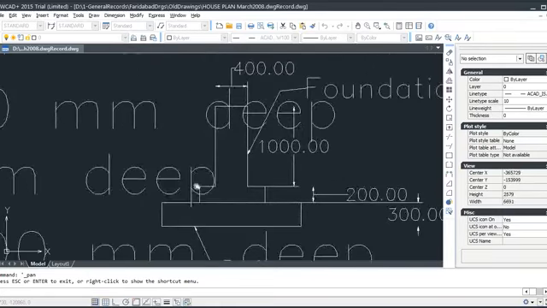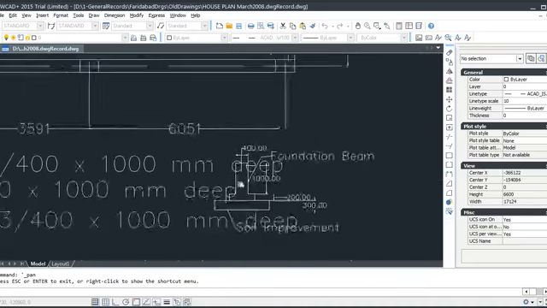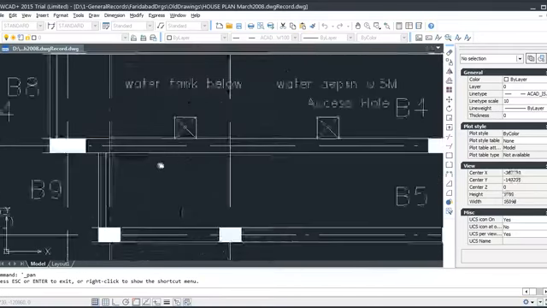If I blow this up, you can see this portion is beam and this portion is soil improvement. We removed soil from here and put granular material here, 40 mm material, and filled with 20 mm, and then dust in that and compacted. And this is the RCC foundation, which is spread all over.